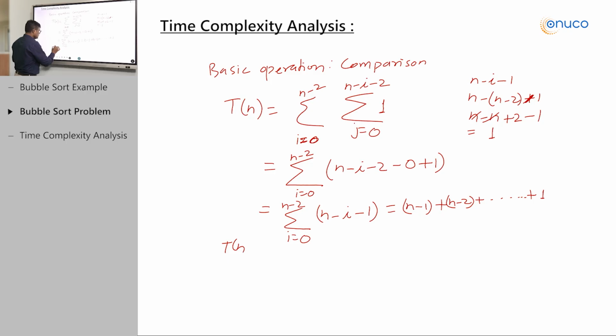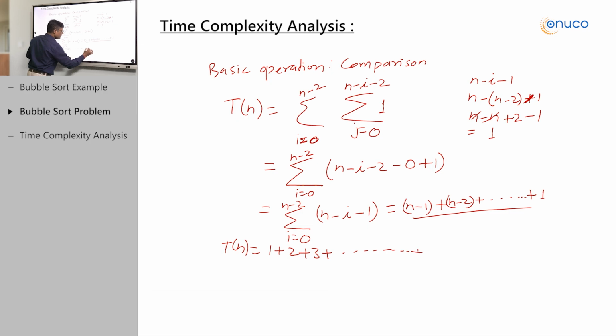So now you can write the time complexity. Can we write this in reverse order? Yes. This is nothing but 1 plus 2 plus 3 up to n minus 1. This is the time complexity, right? By seeing this expression, 1 plus 2 plus 3 up to n minus 1, we can recall the sum of n natural numbers.